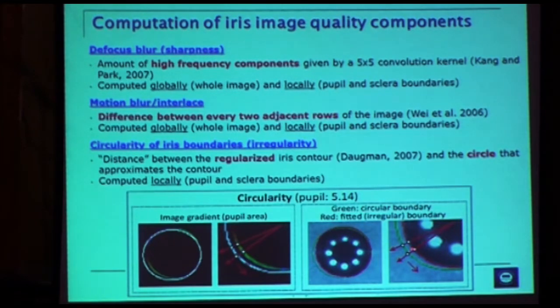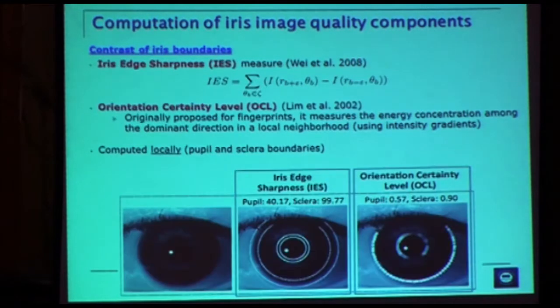This distance, averaged across the whole boundary, is used to measure the circularity of the boundary. Of course, this can only be computed locally on the pupil and sclera boundaries. We also compute the contrast of iris boundaries using two different measures. One is the iris edge sharpness proposed in this paper.